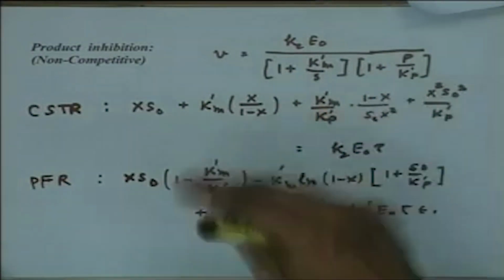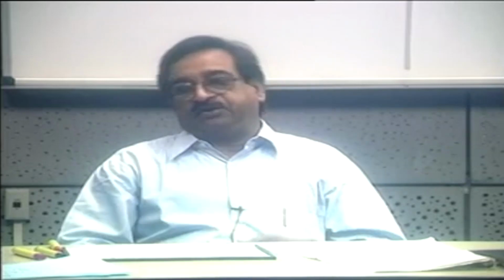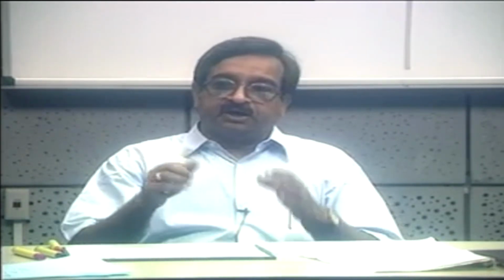The effect of inhibition on the reactor performance is more detrimental in the case of PFR, but the situation can be slightly improved if you use intermittent feeding, for example a plug flow reactor in which the feeding is done at more than one point. That means you do not use a high substrate concentration right at the beginning. Those kinds of modifications can always be looked at.